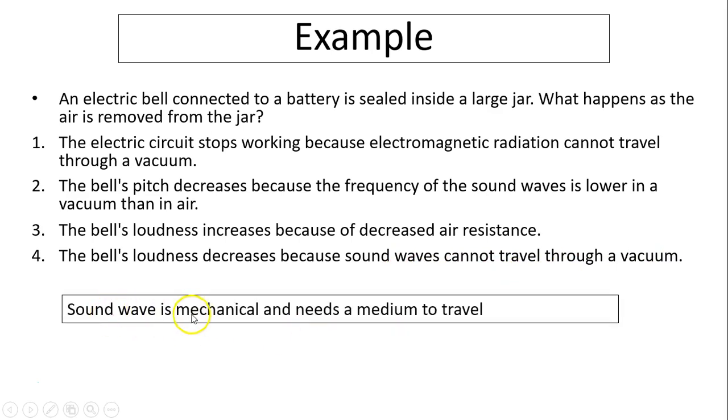Let's see, what is a sound wave? Sound wave is a mechanical wave, which needs a medium to travel. So the sound needs air to travel. If you remove the air, the sound is not going to travel. So loudness actually decreases because sound wave cannot travel through a vacuum. It is a mechanical wave.